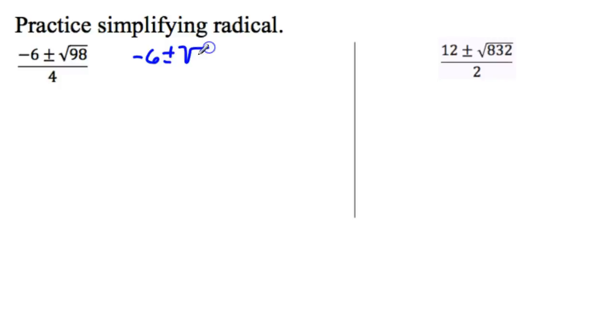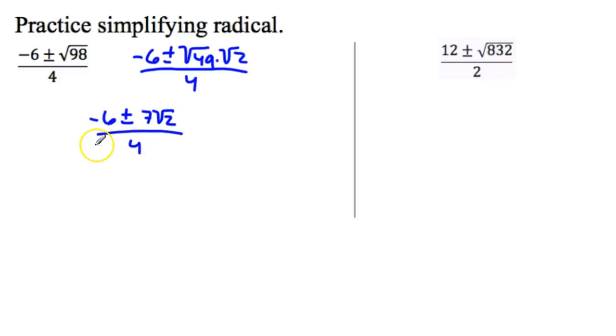So I'm going to write the square root of 49 times the square root of 2. There were some other options, but I chose the square root of 49 because that equals 7. So this really equals negative 6 plus or minus 7 square root 2 divided by 4.